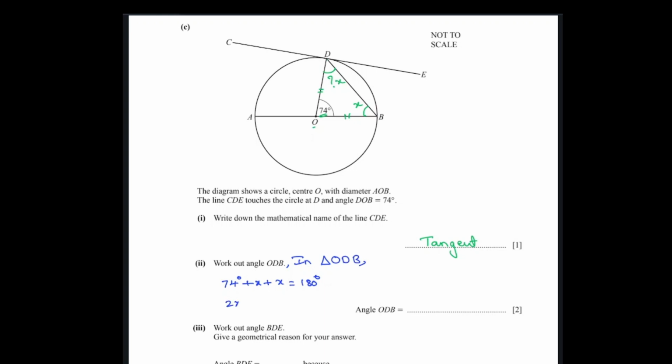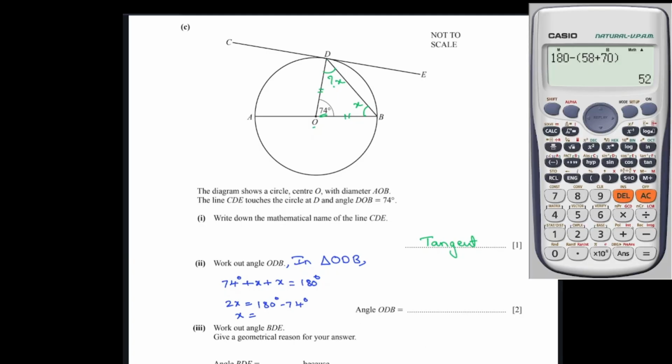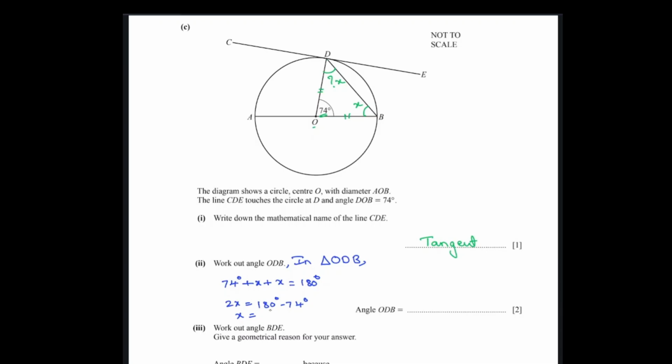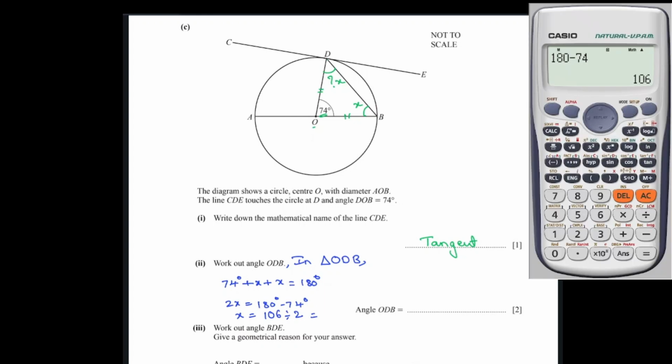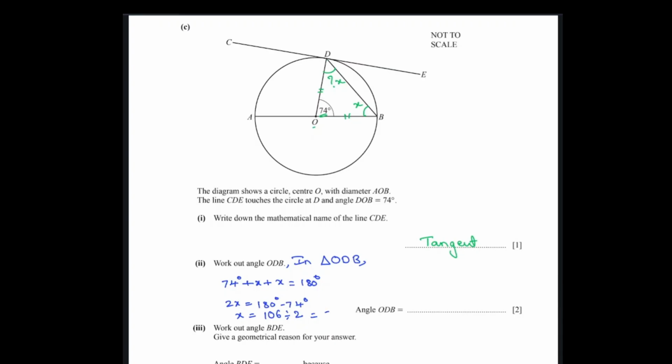Then 2x will be, bringing 74 to the right hand side, it gets subtracted from 180. 180 minus 74 is 106. 106 divided by 2, because 2 is multiplied, it is divided by 2 on the other side. So do division by 2, you will get the answer 53. So the answer for angle ODB is 53 degrees.